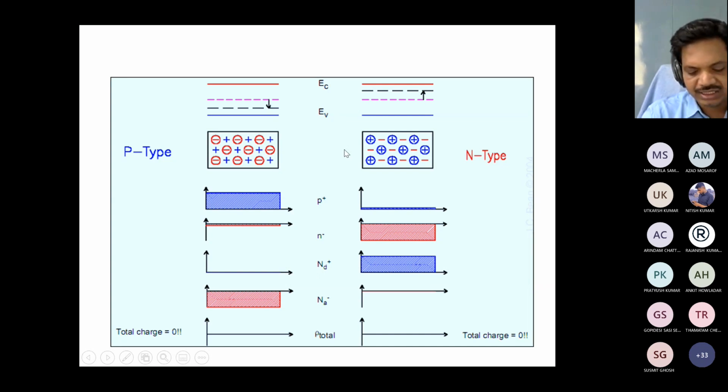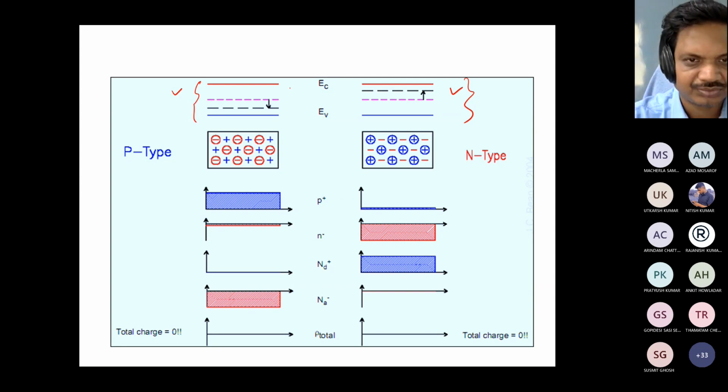So now if you see here, can you tell this band diagram is for which type of semiconductor, and this band diagram is for which type of semiconductor? Can you respond?